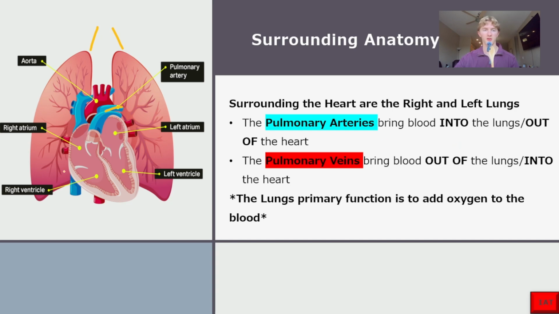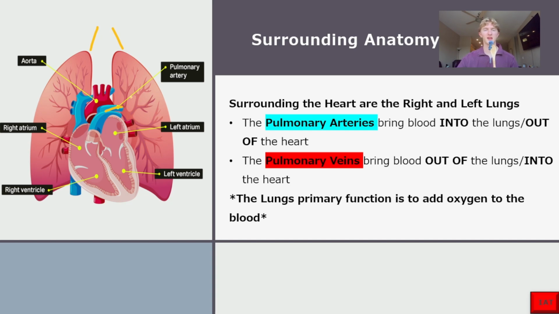So blood is leaving the heart and going into the lungs. And if we remember earlier, we said that blood in a vessel that is blue on a model indicates that the blood in this vessel is deoxygenated. So we have deoxygenated blood leaving the heart and then it goes to the lungs.